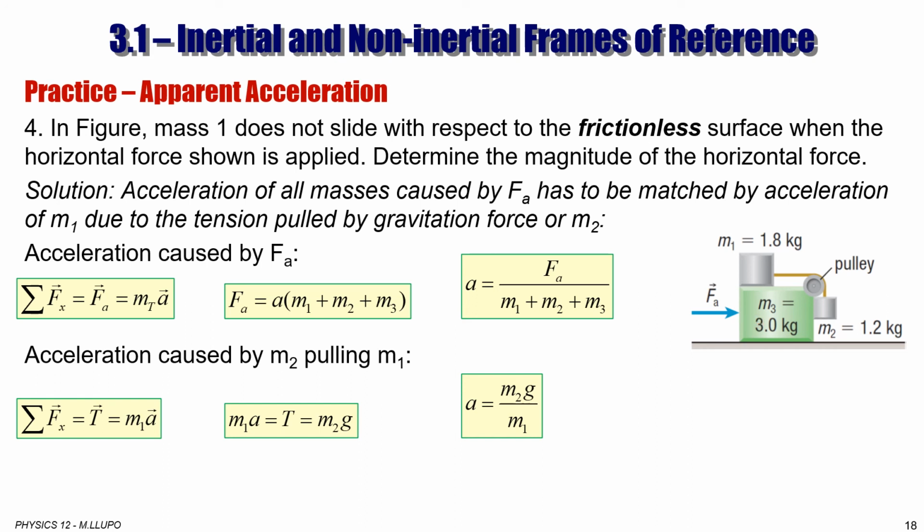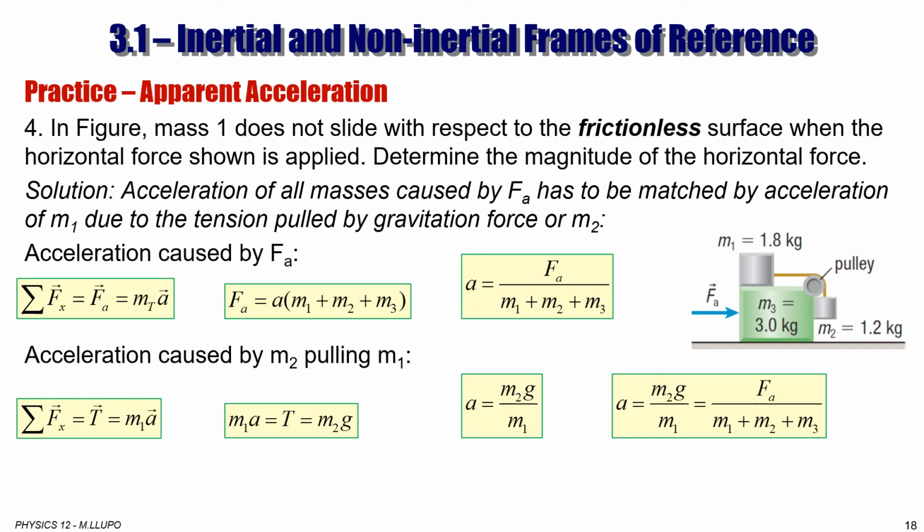Now, both those accelerations are the same, and we can make the right side equal as well, because the left is equal. So we can write m2g divided by m1, which is this acceleration here, has to be equal to this acceleration, Fa divided by m1 plus m2 plus m3.